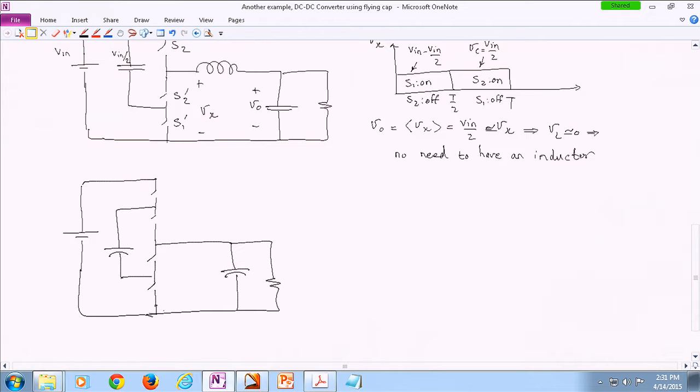All right. So following the same switching pattern, let me draw the switching patterns. So this is Vin. We have S1 on. Then this capacitor, the flying cap, is engaged. Then S2 is off, therefore S2 prime is on.